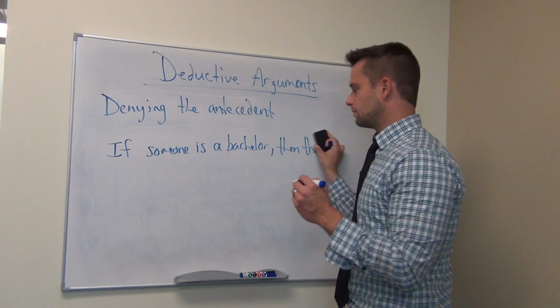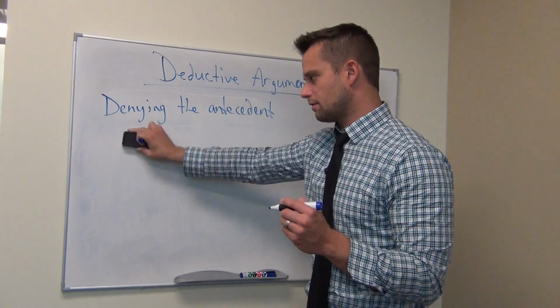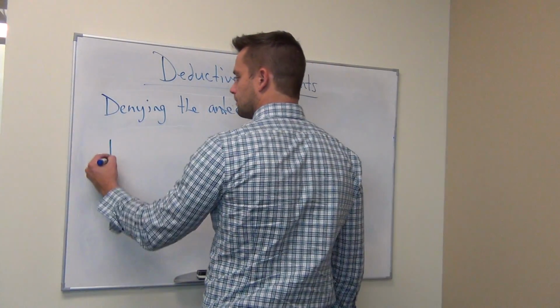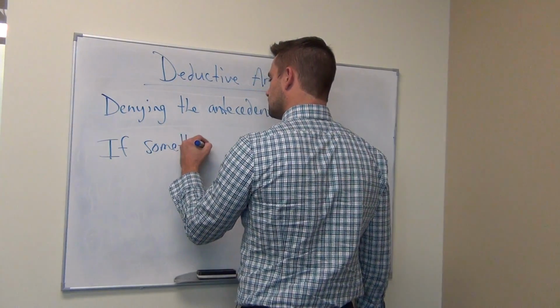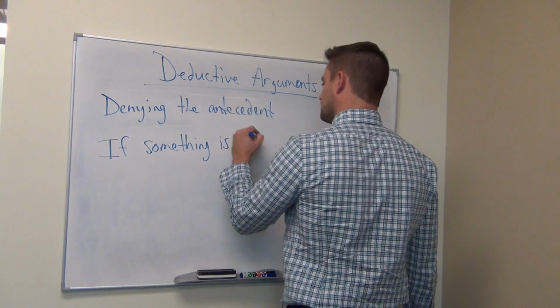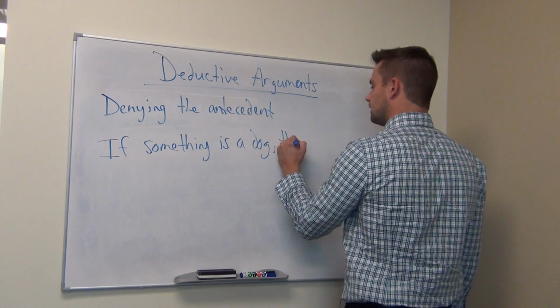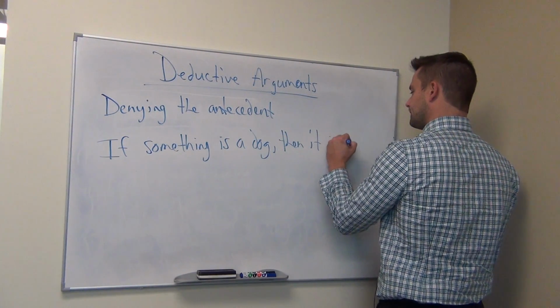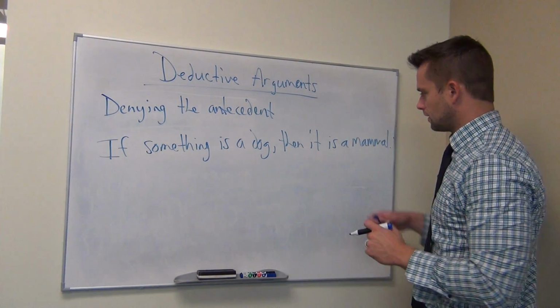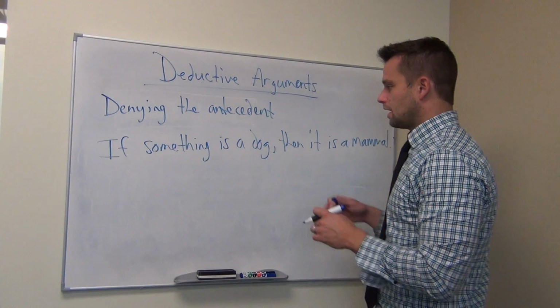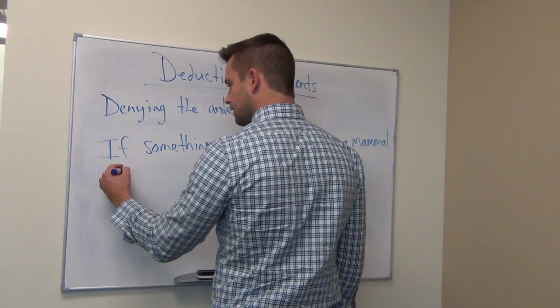Sorry, I'm not going to use that one because it has a not in it and I don't want to throw any people off. Let's just go back. If something is a dog, then it is a mammal. I only want to use positive antecedent and consequent here. If something is a dog, then it is a mammal.